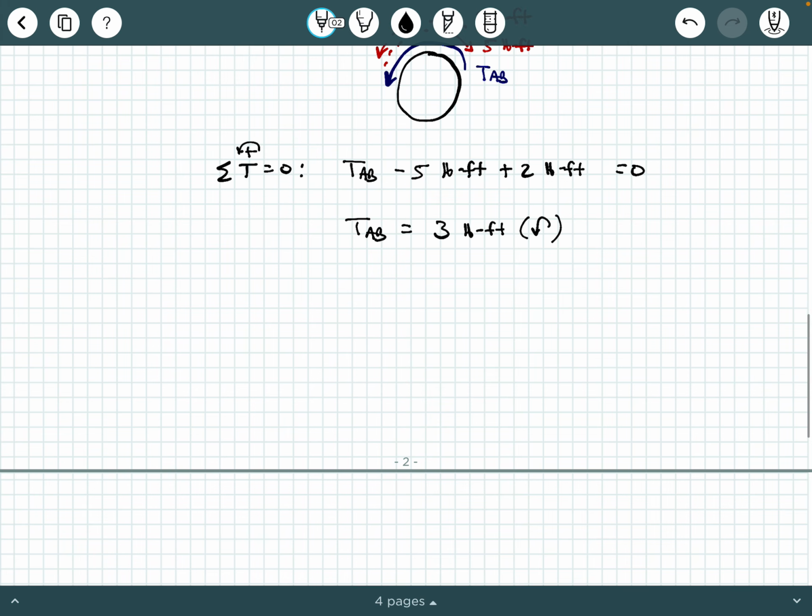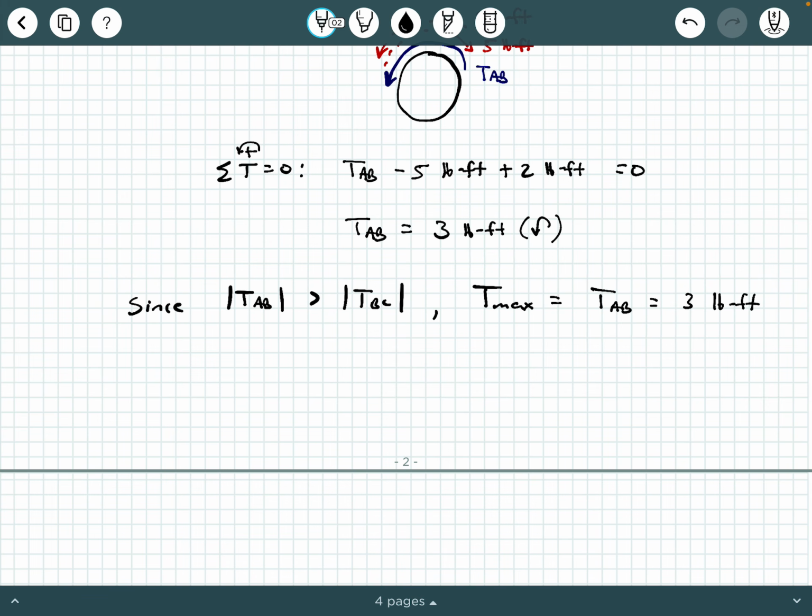And so since the absolute value of TAB is larger than the absolute value of TBC, then we're going to say T max is equal to TAB, which is the 3 pound-feet.